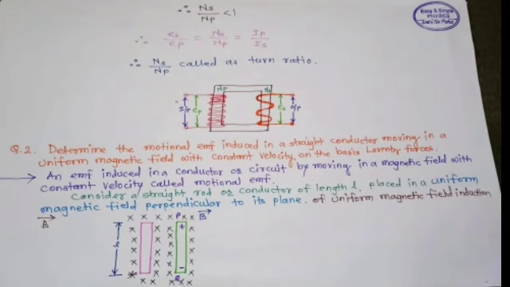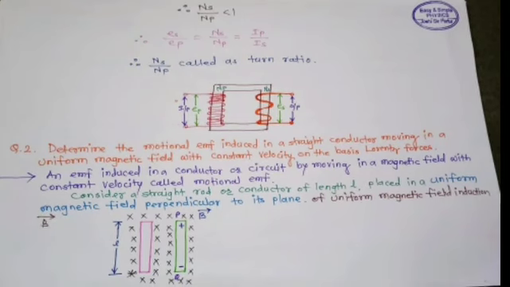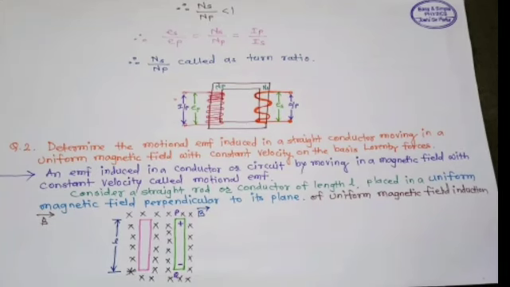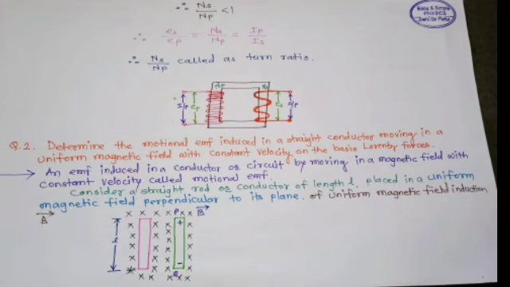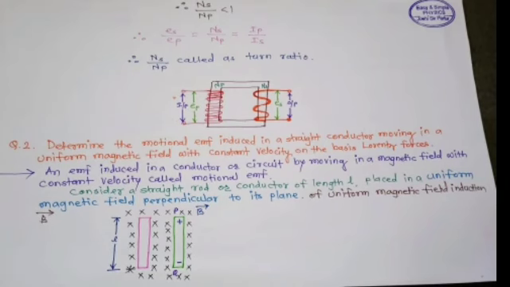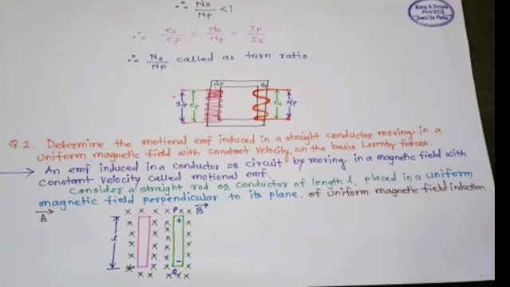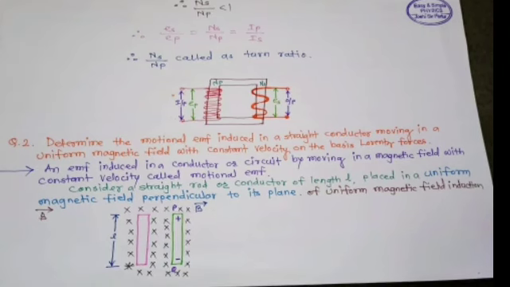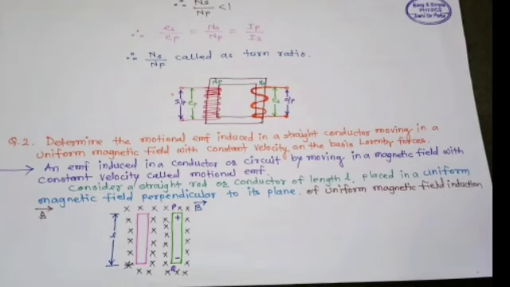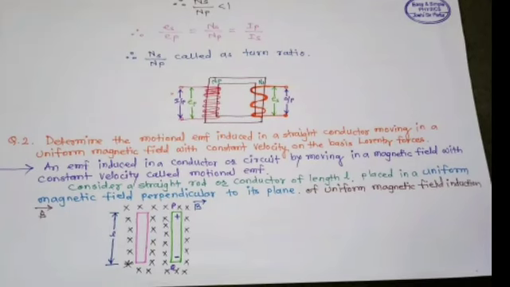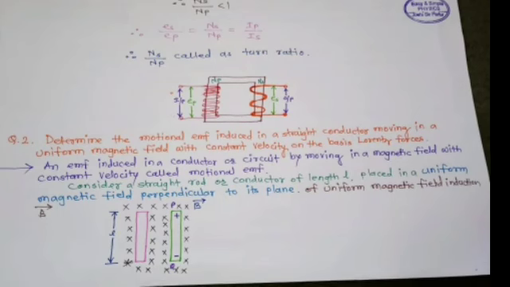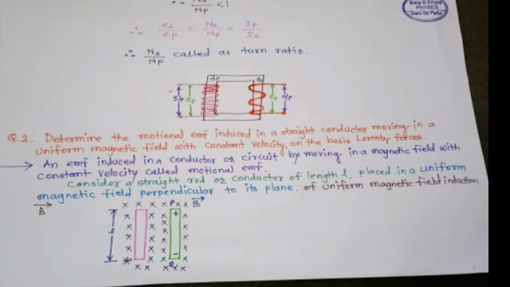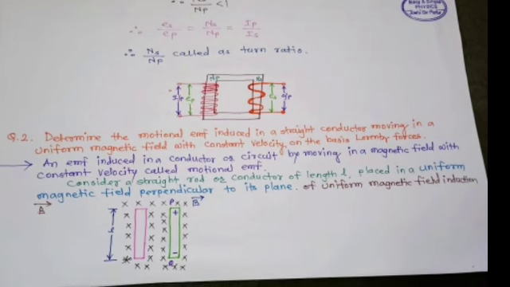Figure is given. Question number 2: determine the motional EMF induced in a straight conductor moving in a uniform magnetic field with constant velocity, on the basis of Lorentz force.